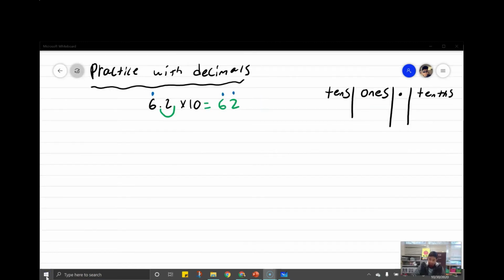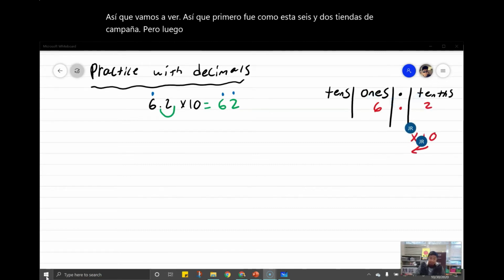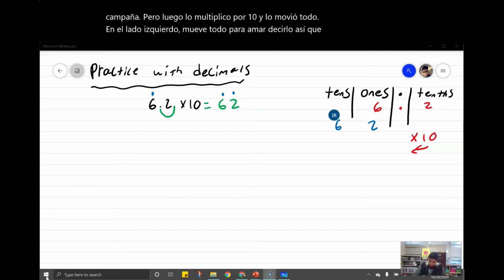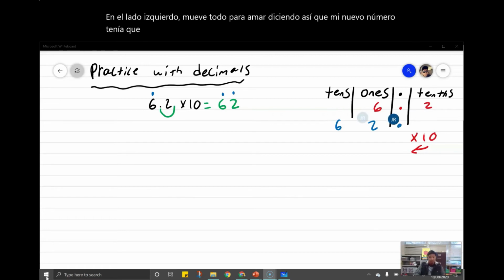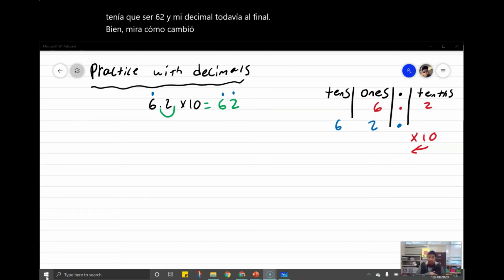So first it was like this, 6 and 2 tenths. But then I multiplied times 10 and it moved everything to the left side. So my new number had to be 62. And my decimal still at the end. Okay? See how everything shifted? My 6 went to the tens place and my 2 went to the ones place. Okay?